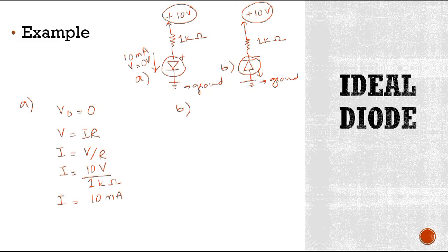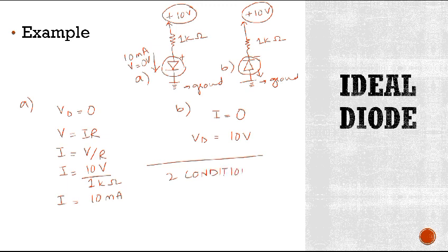Therefore, its current will be 0, which in turn means that the entire 10 volts supply will appear as reverse bias across the diode.